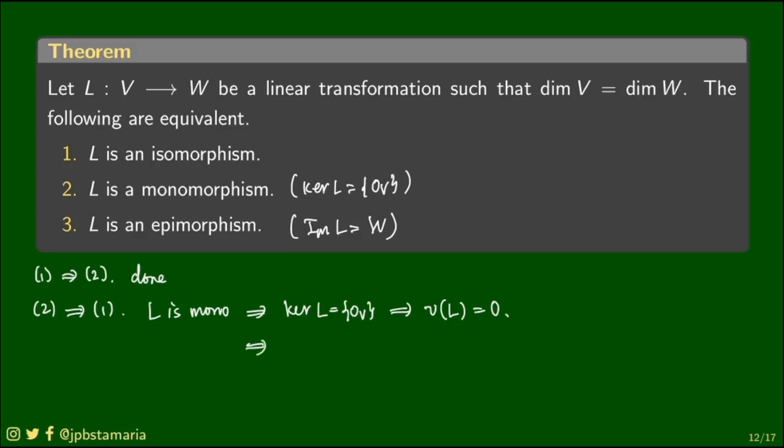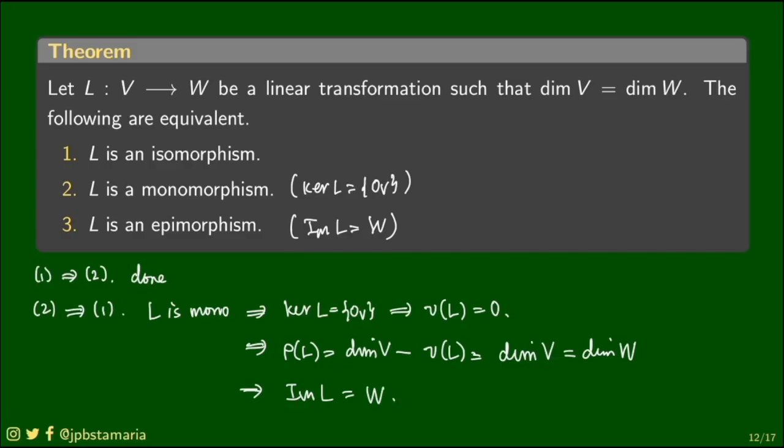It's onto because by the rank nullity theorem, the rank is the dimension of V minus what? The nullity. And in this case, the nullity is 0, so the rank equals the dimension of V, and therefore the image is exactly... and by the way, the dimension of V equals the dimension of W, therefore the image of L is equal to W. That's it.